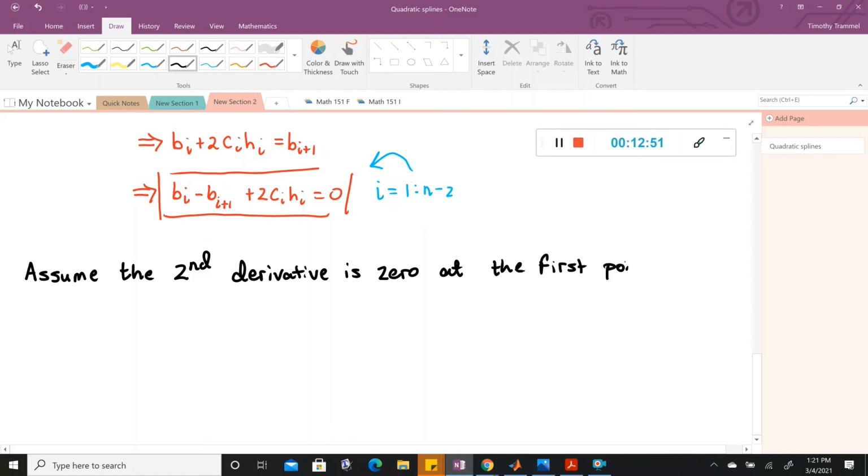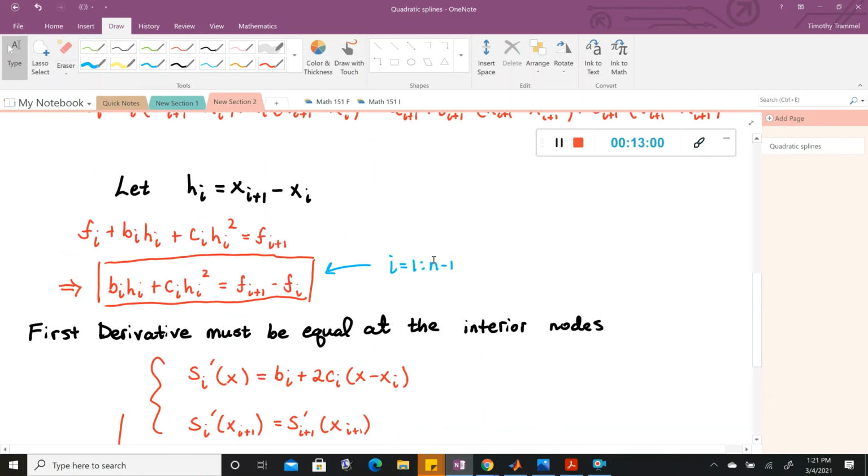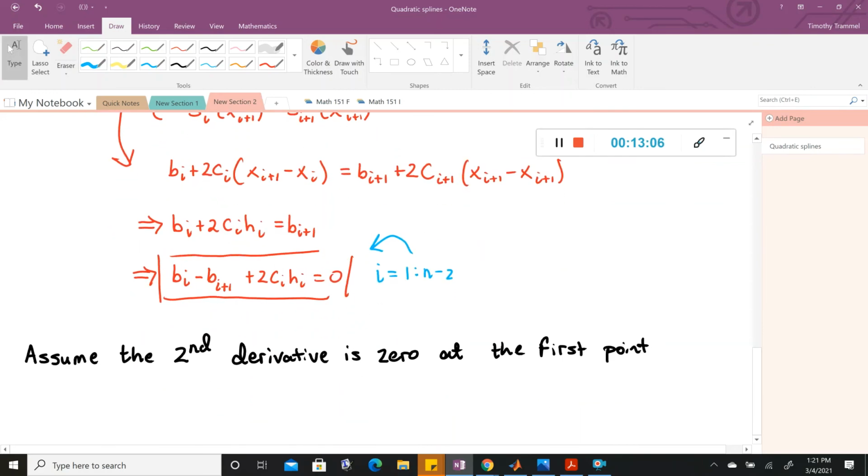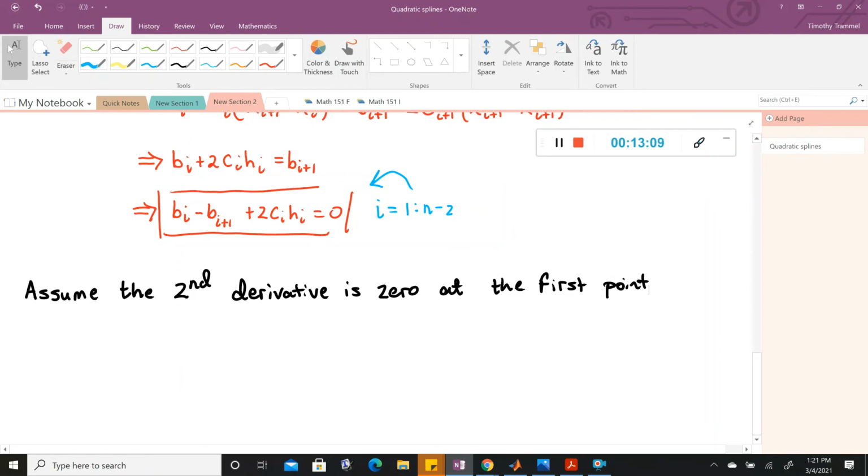And the reason we have to do this is we had 2 times n minus 1 unknowns, but so far we've taken care of n minus 1 here and n minus 2 here, so we haven't quite gotten to 2 times n minus 1. So we need to make one more assumption here in order to make this work. It may not be the best option, but we're going to assume that the second derivative is 0 at the first point here.